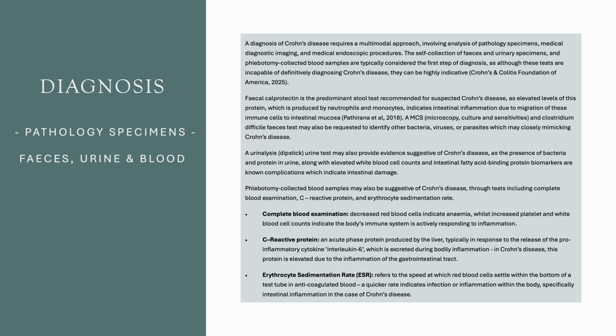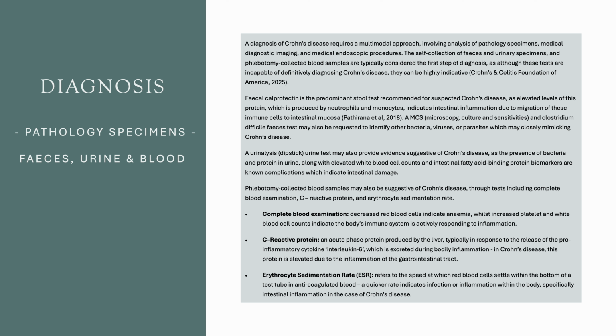A urinalysis dipstick urine test may also provide evidence suggestive of Crohn's disease, as the presence of bacteria and protein in the urine, along with elevated white blood cell counts and intestinal fatty acid binding protein biomarkers, are known complications which indicate intestinal damage.